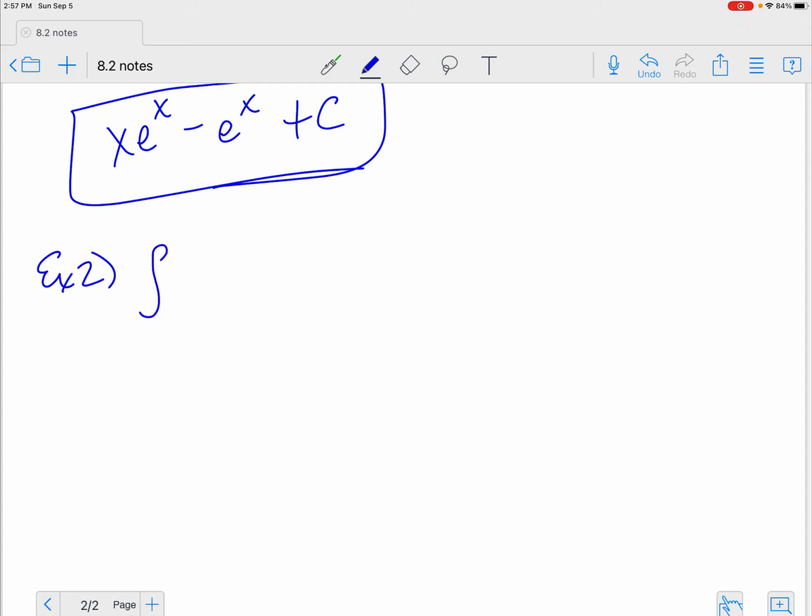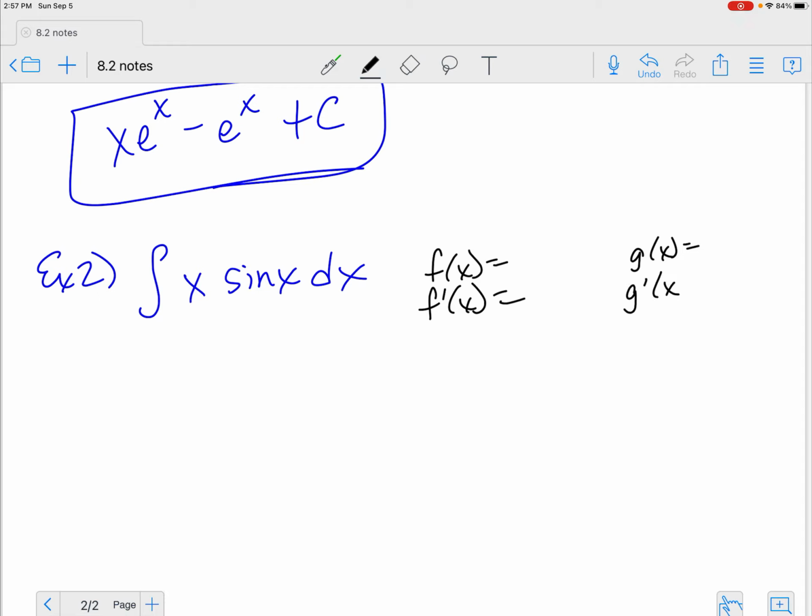I have the integral of x sine of x dx. Got our polynomial again. I cannot do a u sub. I've got two things that are multiplied together. Yep, so you come over here and you've got f of x, f prime of x, g of x, and g prime of x.